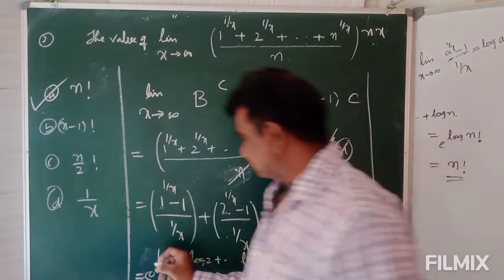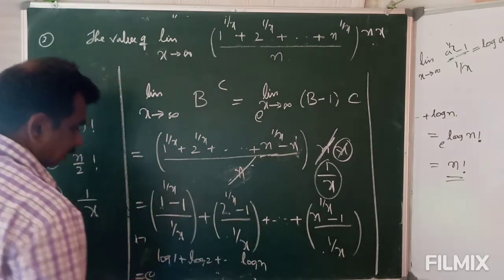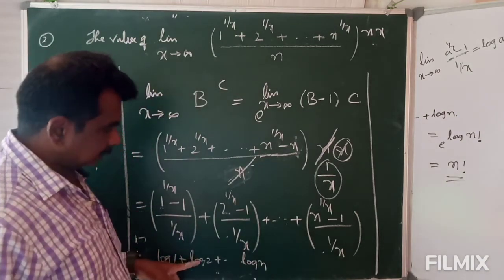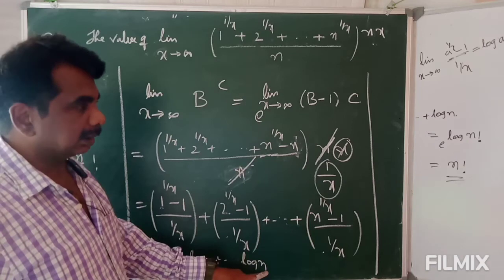As the limit x tends to infinity, this becomes log 1, log 2, log 3 up to so on log n.